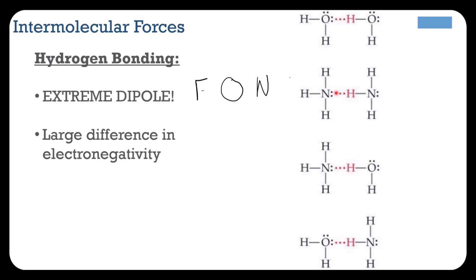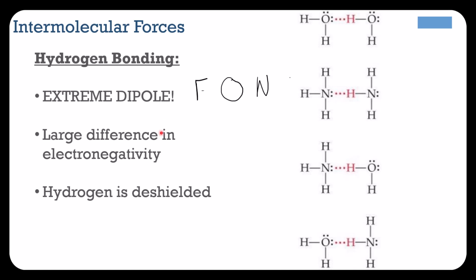Okay. And then the last piece here in this hydrogen bond that makes them stronger, or an extreme version of dipole-dipole, is the fact that hydrogens can get what we call de-shielded. Okay, so if you guys remember, hydrogen, that's the first element on the periodic table. It has one proton, one electron.